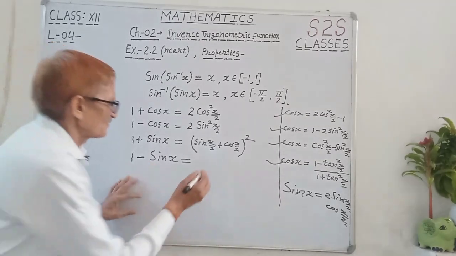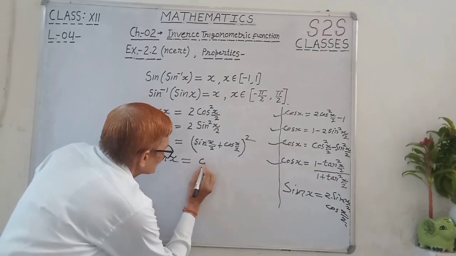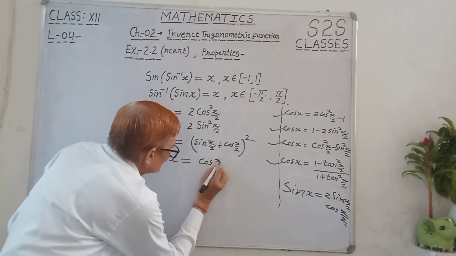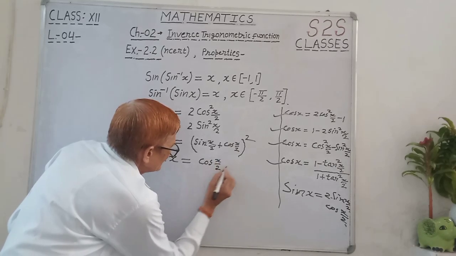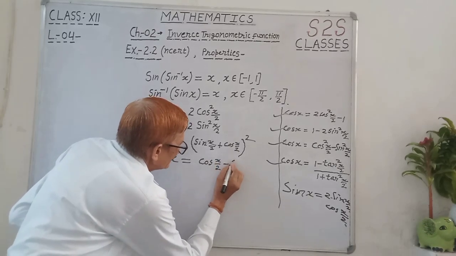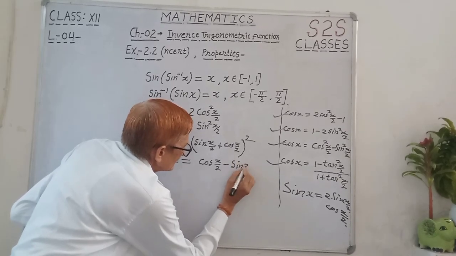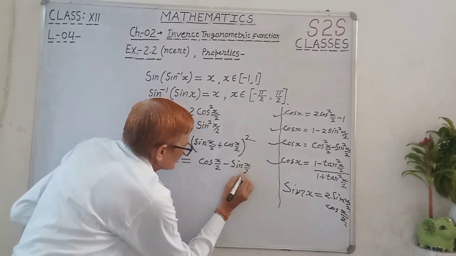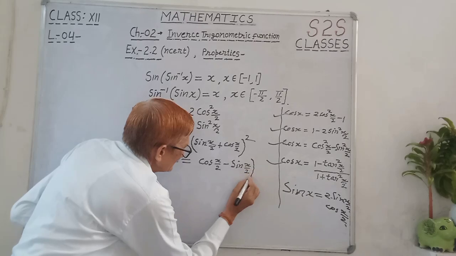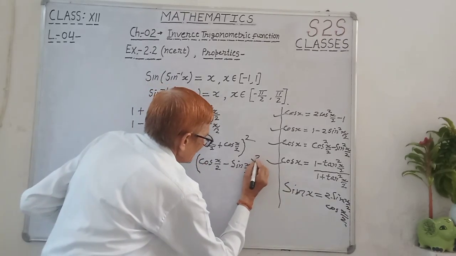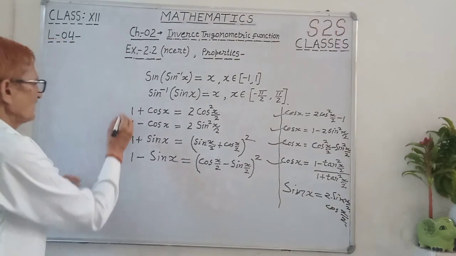Then it is the minus formula: cos x by 2 minus sin x by 2 whole square.